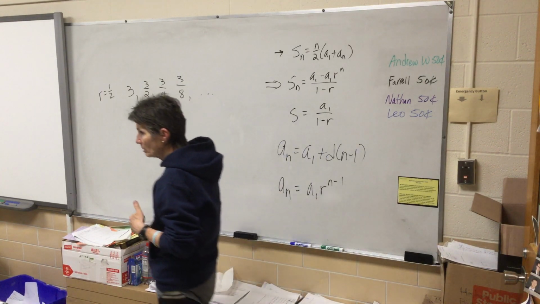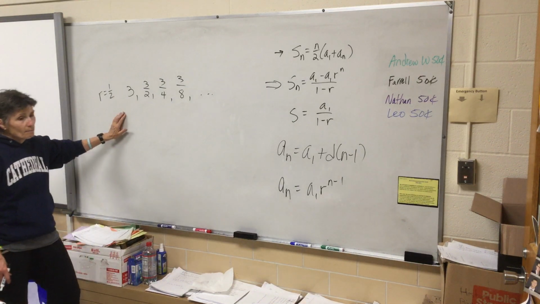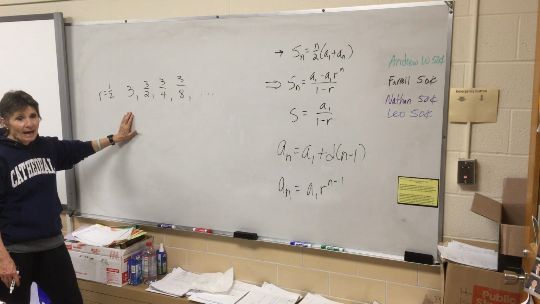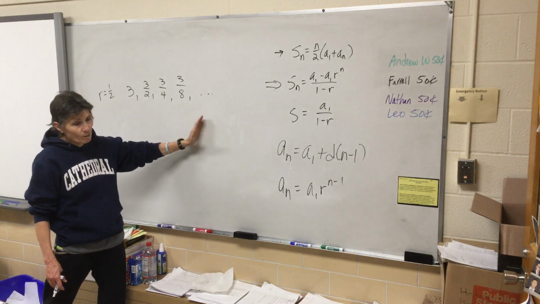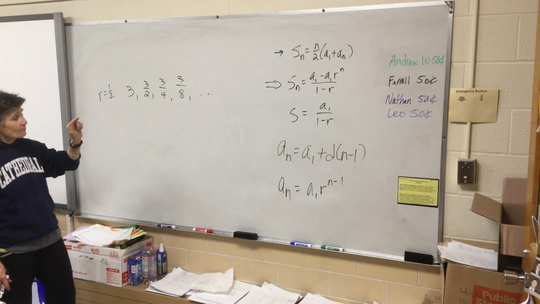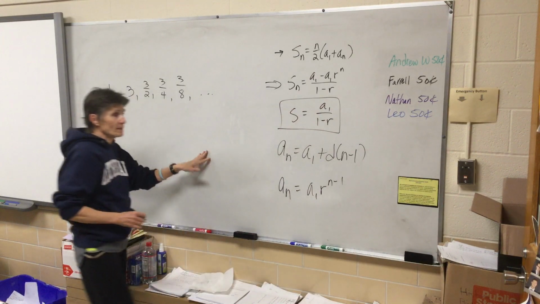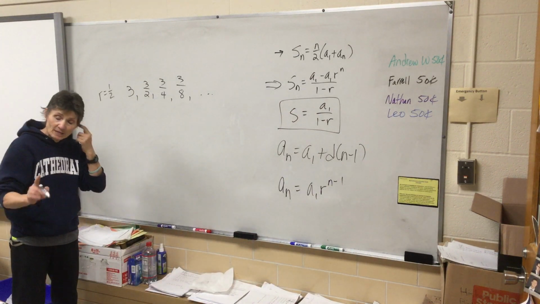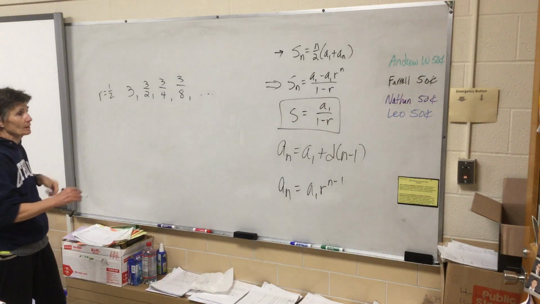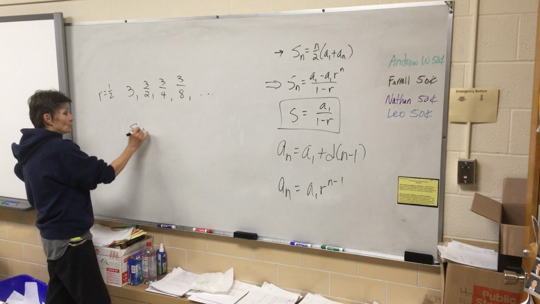Because they're getting smaller and smaller, their sum will have a limit. You will be able to add them up. Their sum will have a limit because the terms are getting smaller and smaller and smaller. If you are adding an infinite series, this is the formula you're going to use, an infinite geometric series. So, it's real easy.